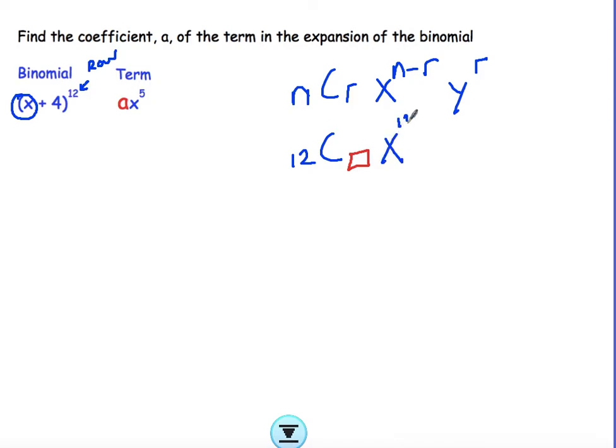So that will be to the 12 minus r, which I don't know what that is yet. And then the second thing listed is a 4. And that will get raised to whatever this r is. Again, I don't know what that is yet. But here's my clue. The clue is that I need to end up with an x to the 5th.